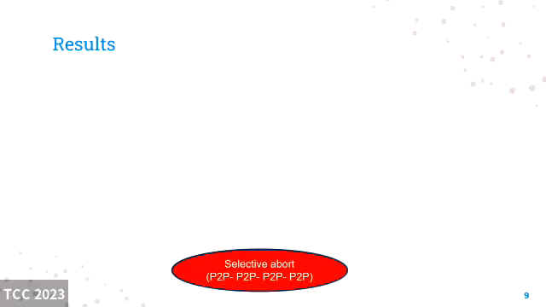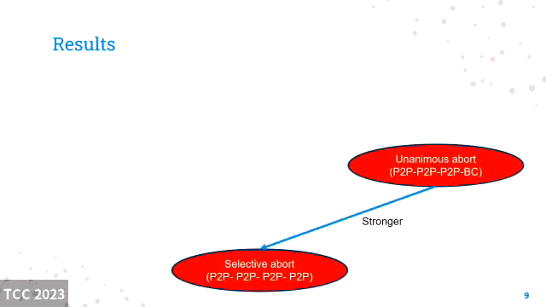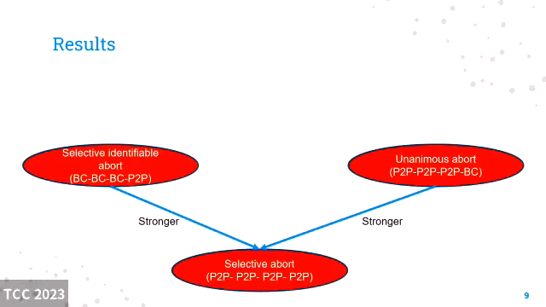As for our results, first of all, we prove that even if you do not have broadcast access, you can still achieve selective abort. Then if you want to achieve anonymous abort, it is required that the last round must be over broadcast. As for selective identifiable abort, we prove that it is required that the first round is over broadcast.